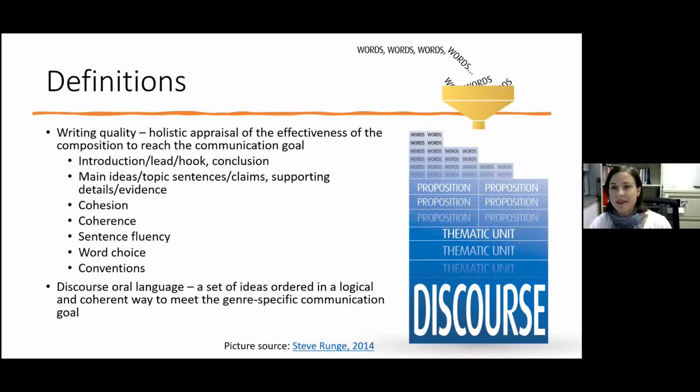So if they're writing a letter to their parents, they have a communication goal. If they're writing to persuade their classmates to do something, they have a communication goal. And then there's the amount of text they produce, quantity, but then the quality of that text to reach the goal.